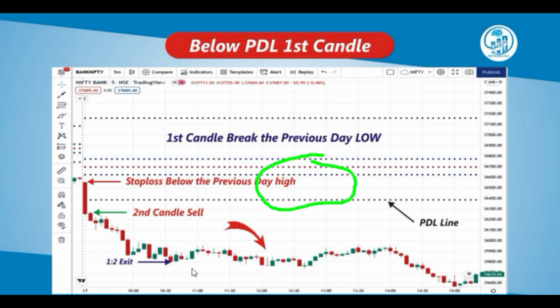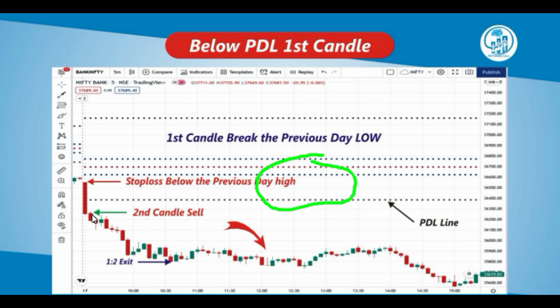Then the second one is below PDL for the first candle. This is the PDH, this is the PDL line, this is the CPR. The first candle has broken the PDL, the previous day low. Second candle you can enter here. Your stop loss is above the candle wick.